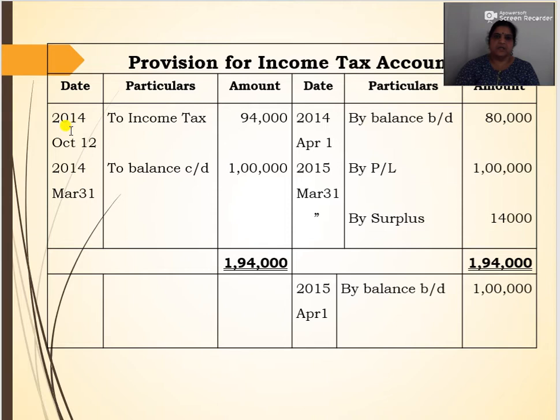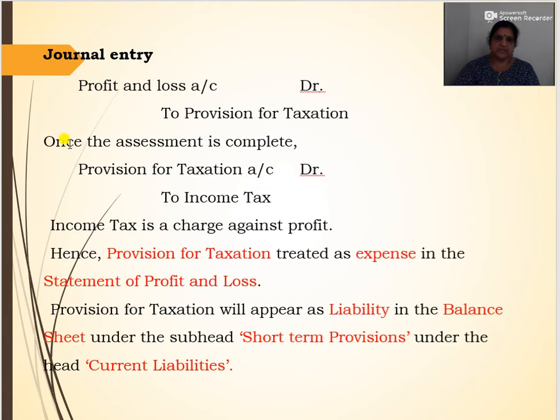Then on October 12th, when the assessment was complete, the actual income tax was rupees 94,000. So the journal entry is provision for income tax account debit to income tax. So this is the journal entry when the assessment is complete, provision for taxation account debit to income tax. Okay.